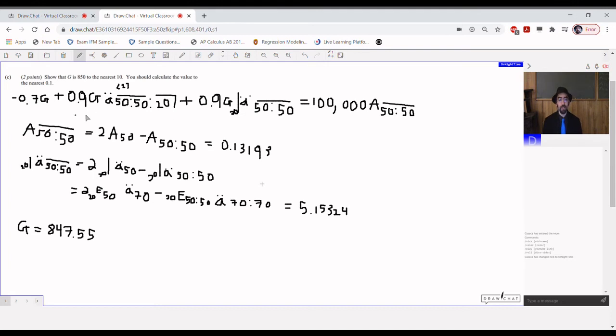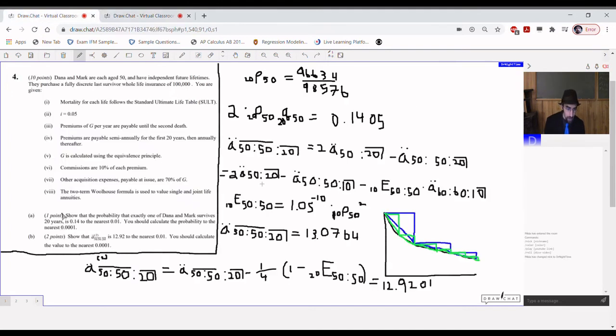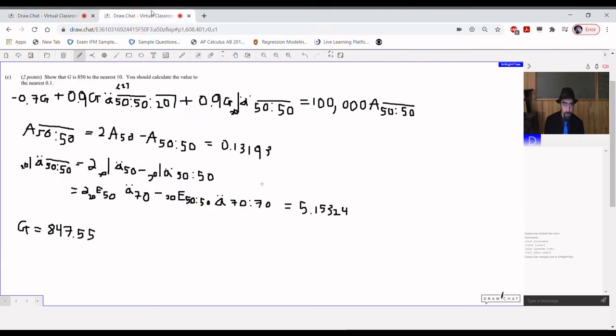You only keep 90% of any given premium because of the expenses of 10% that they talked about way back at the beginning here. Commissions are 10% of each premium. For the first 20 years, it's compounded semi-annually. Everything after that, you have to wait 20 years, hence the 20-year deferral, compounded annually, and that equals 100,000 times big A of 50:50 bar.